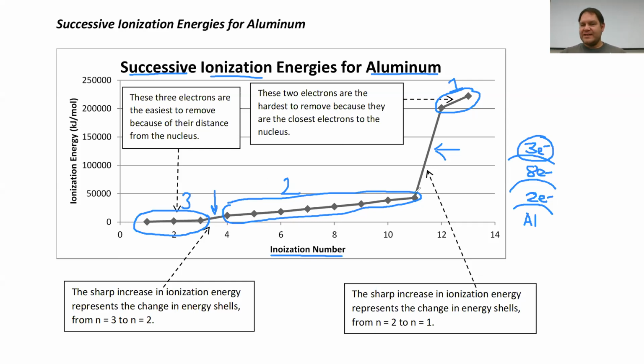Why is the gap so much bigger between the second and first shell than between the third and the second shell? What's the difference here? Well, remember that there's a distance between the energy levels.